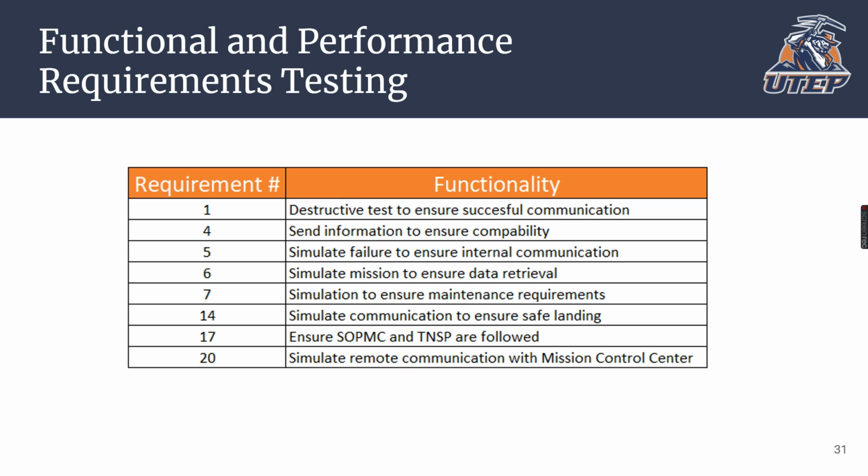For requirement number 17, we ensure the system's operating procedure, mission control, and tracking network support plan are followed by all the communication systems. And finally, for requirement number 20, we run a simulation in which the capsule and its main components are controlled remotely by the Mission Control Center.